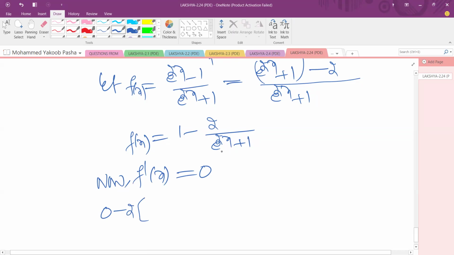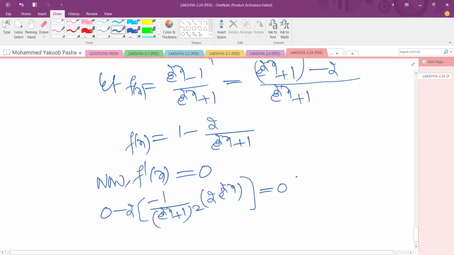The derivative of 1 by x is minus 1 by x square. So it is minus 1 by e power 2x plus 1 whole square. Again differentiate e power 2x, we will get 2 into e power 2x.